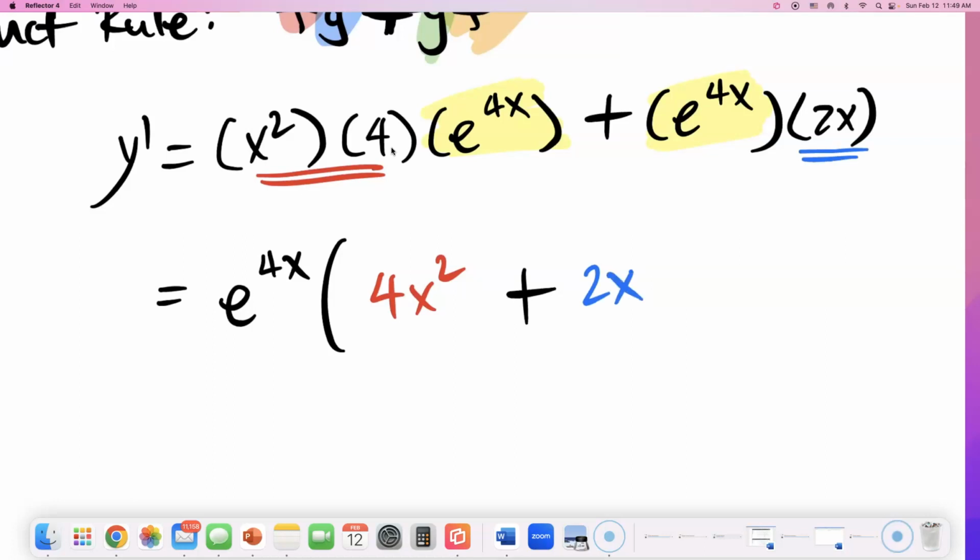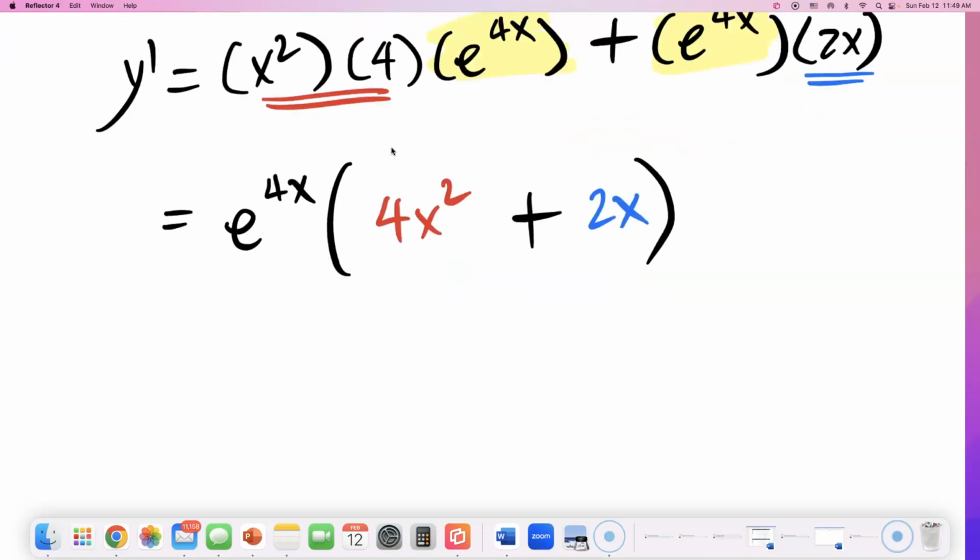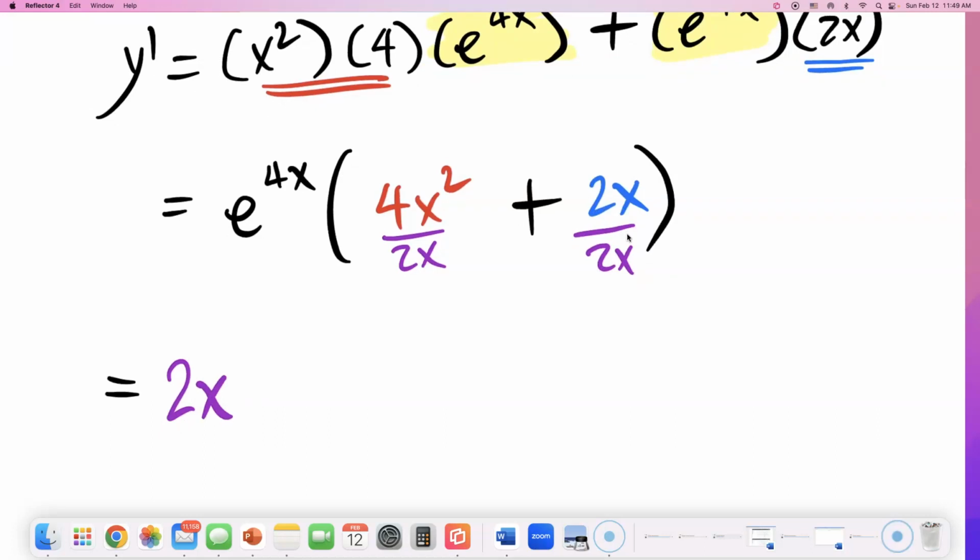All right. You can stop there, but I noticed that 4x squared and 2x can both be divided by 2x, right? So let's factor out that common factor of 2x. So if I factor out the common factor of 2x, I will have that 2x in the front, okay? And this e to the 4x comes down.